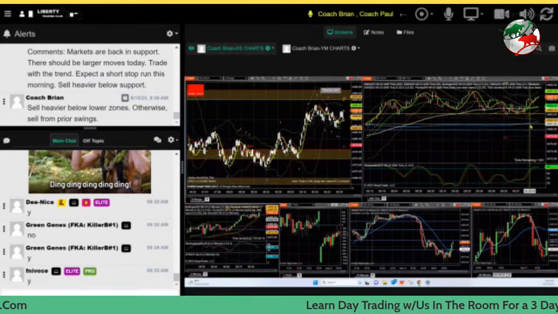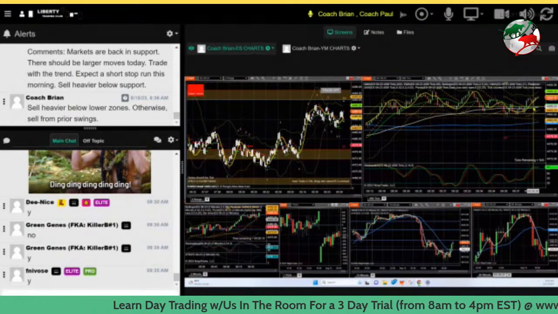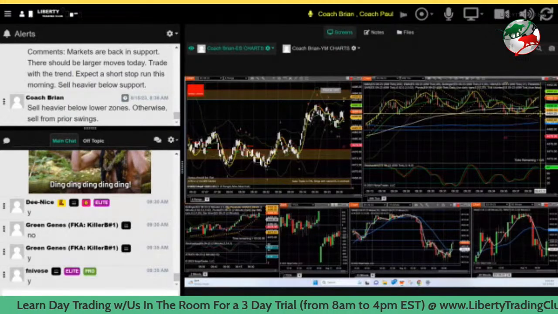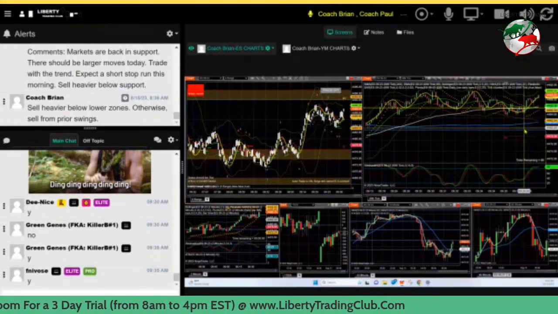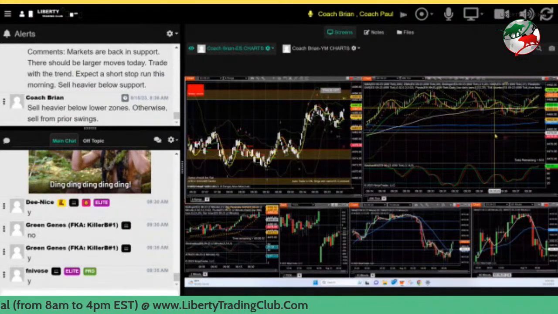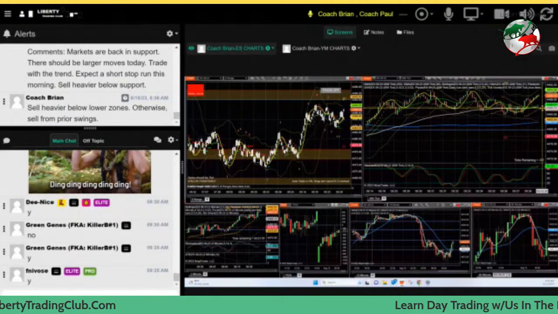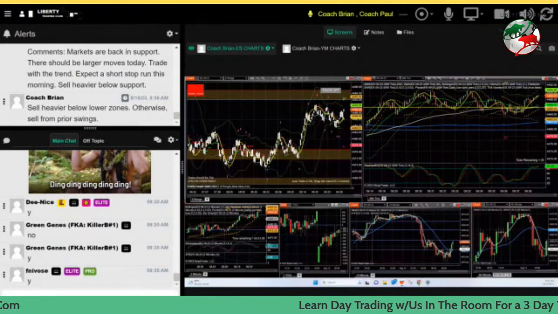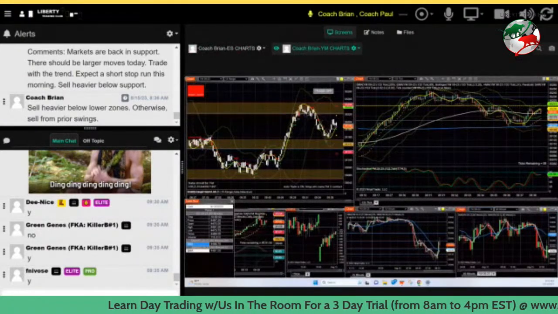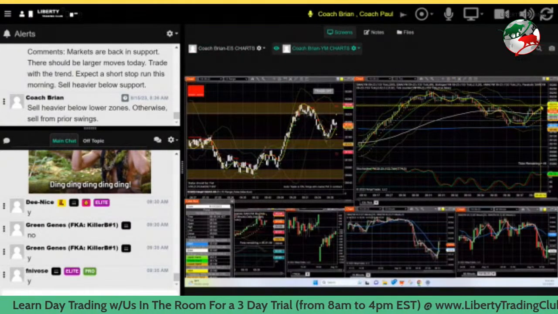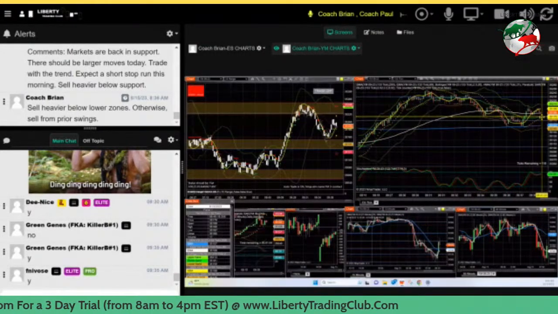Now on the ES, you could look at this as a little M if it forms. If not, hey, guess what? You never get in the trade, right? Aim on the YM now. Either you're still in that short trade or you're looking at this as a little M here.